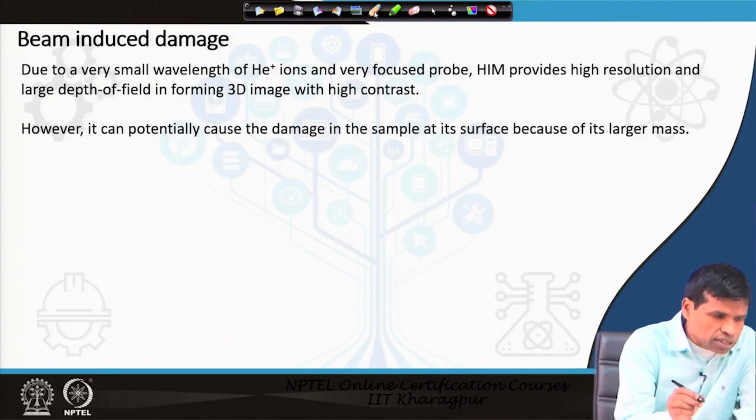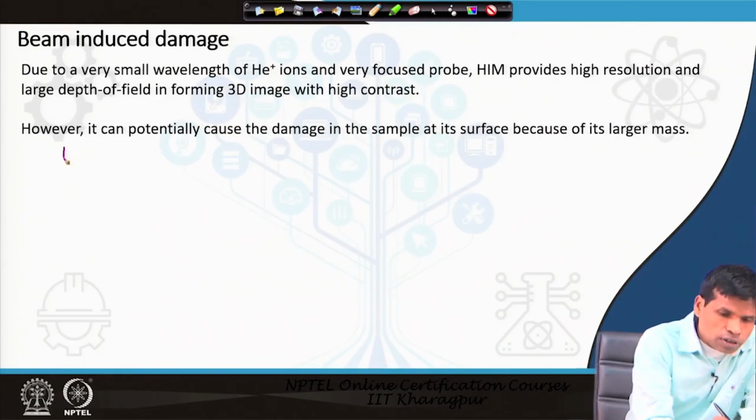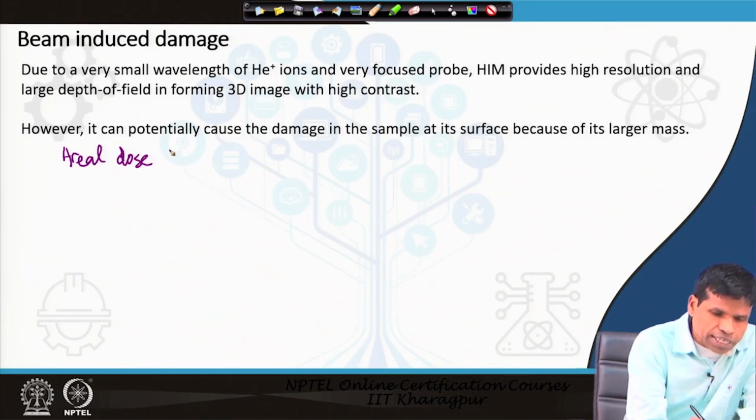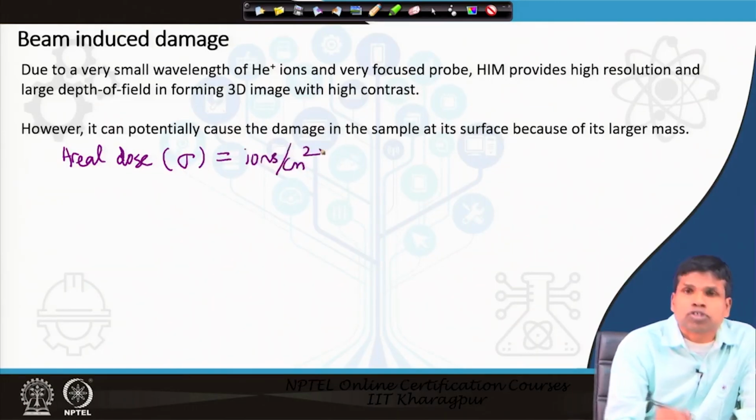For example, the ion dose, we can say areal dose, can be presented with a symbol, let us say sigma, which is nothing but the number of ions per centimeter square.